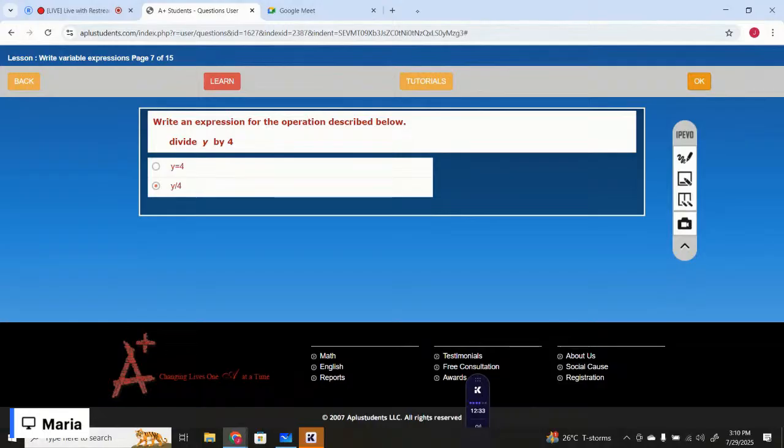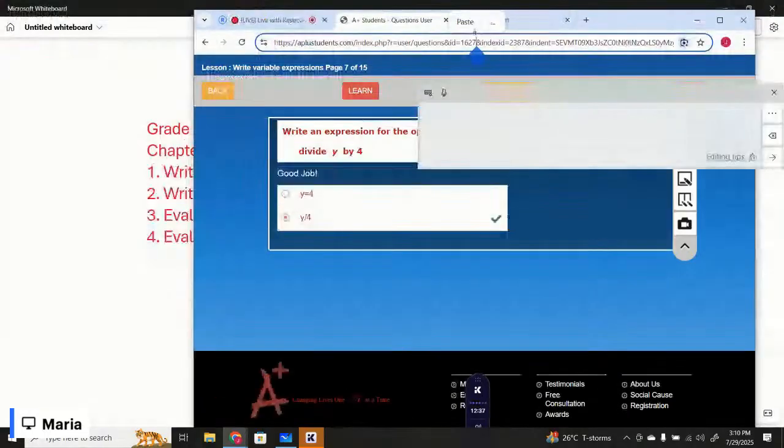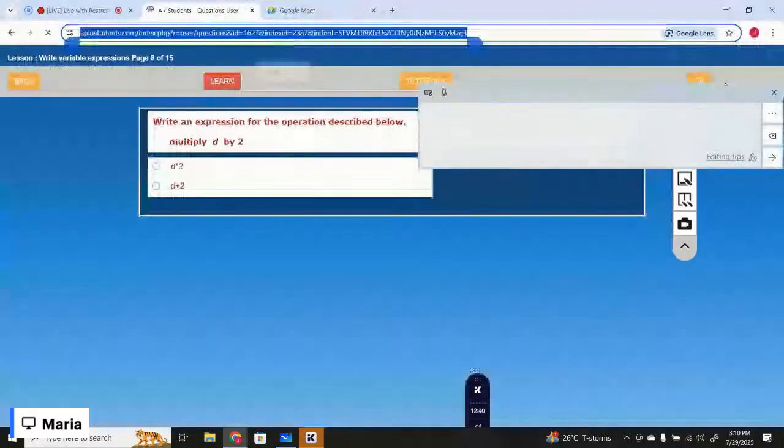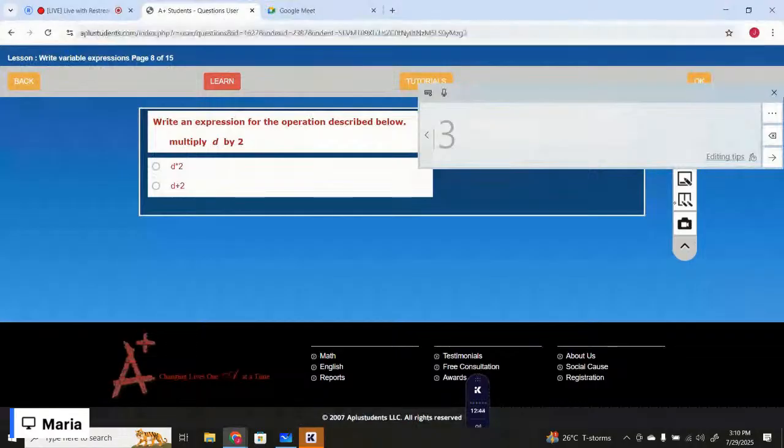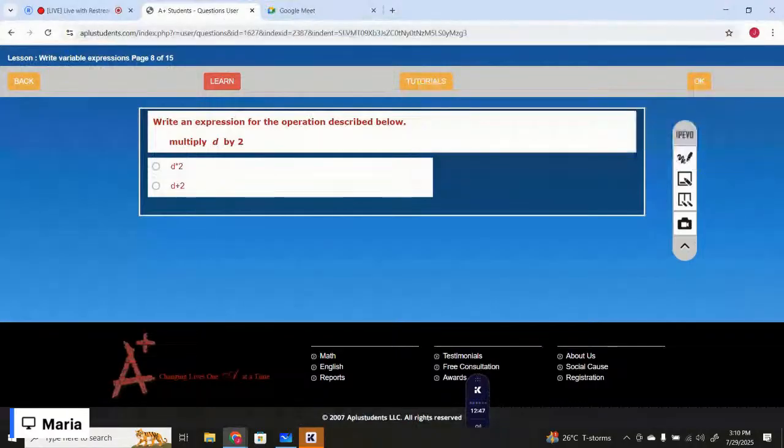V divided by 4 it is. Write an expression for the operation described below. Multiply D by 2. Option number 1 is the correct option.